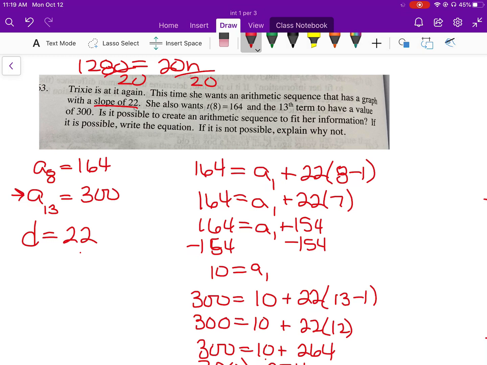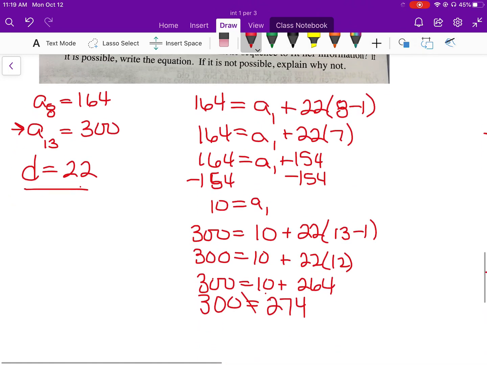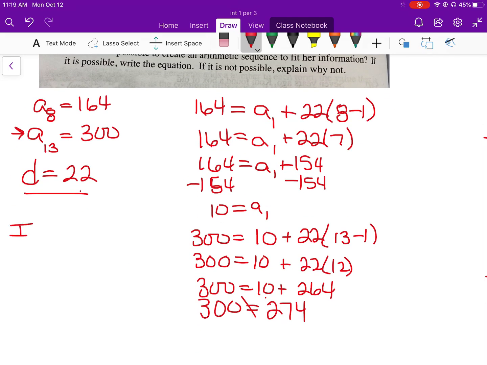All the previous ones just gave you two terms, right? And it asked you to find an equation that fit those two terms. These two terms don't fit a slope of 22. So it is not possible, because a sub 13 will not equal 300. Okay?